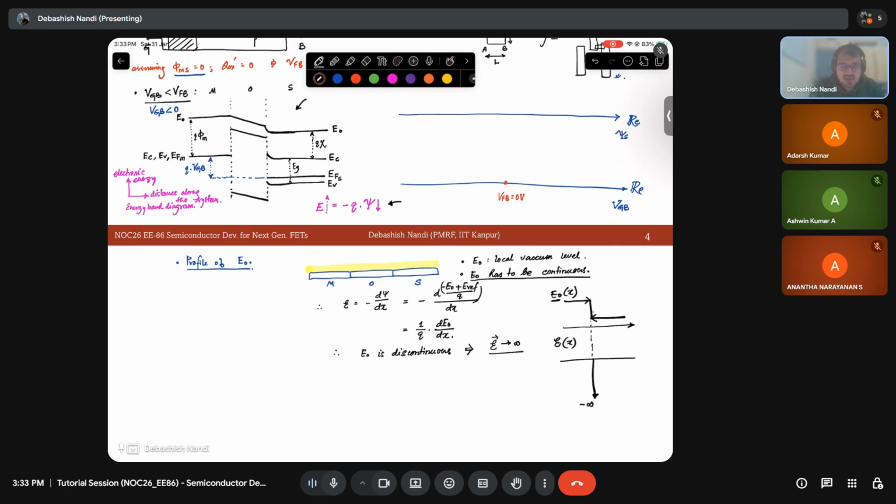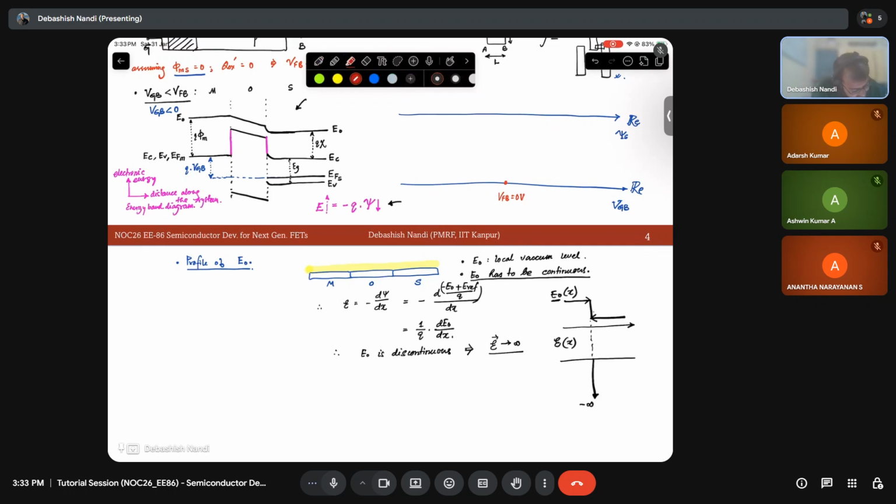right? Now there are a couple of things we need to check. So first observation point is that you see that EC has discontinuity, right? EC has discontinuity because EC is inside the material.